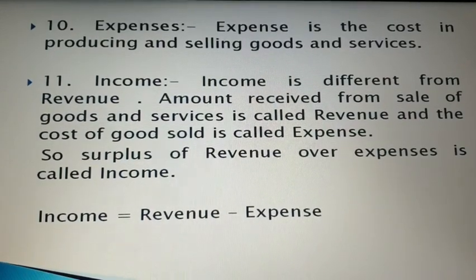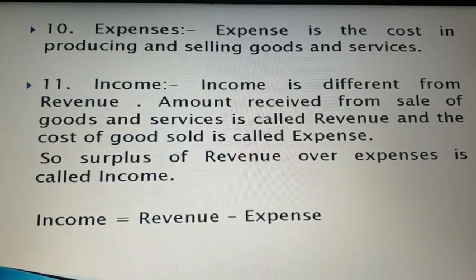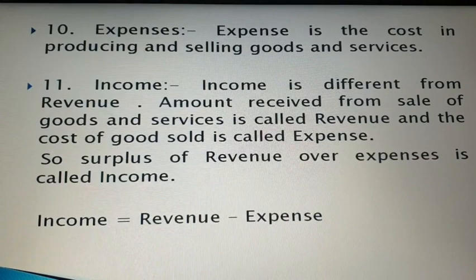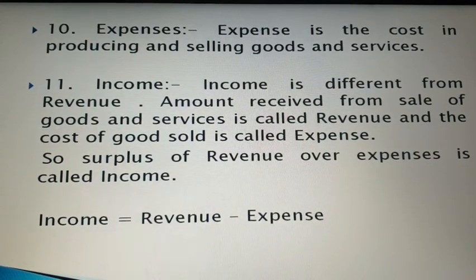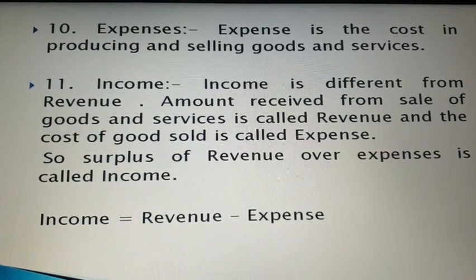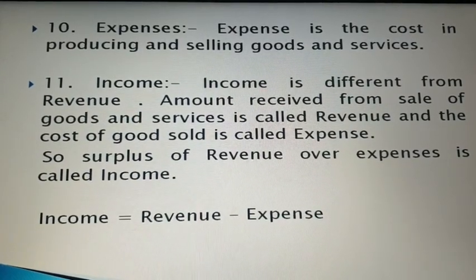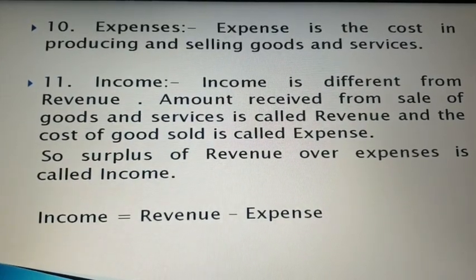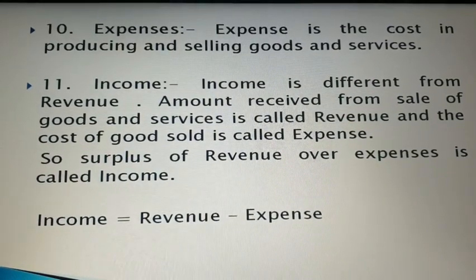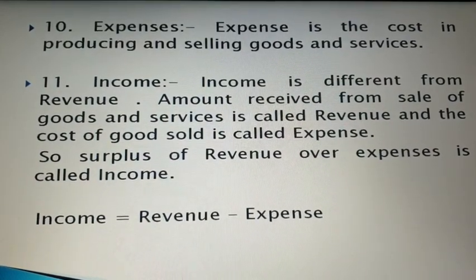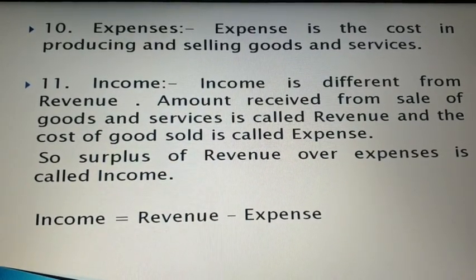Now move to the next one, that is called income. Let me make it clear here that income is different from revenue. First I will discuss revenue, then second the difference of revenue and expense. Expense is what we already discussed in point number 10. So the difference of revenue and expense will be income. And what is revenue? Amount received from the sale of goods and services.